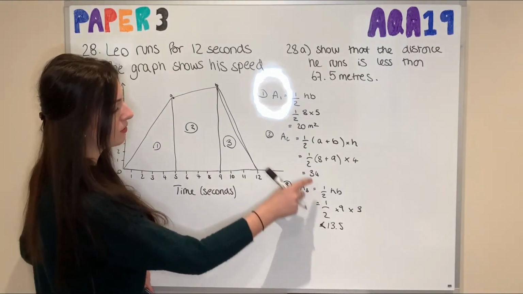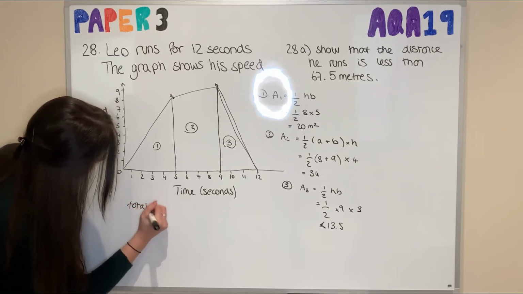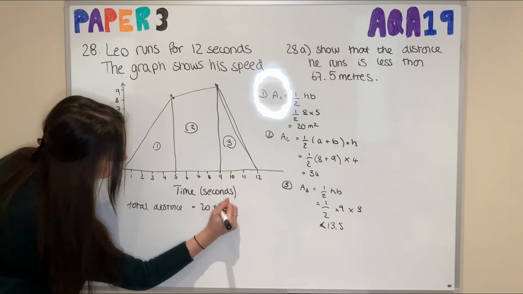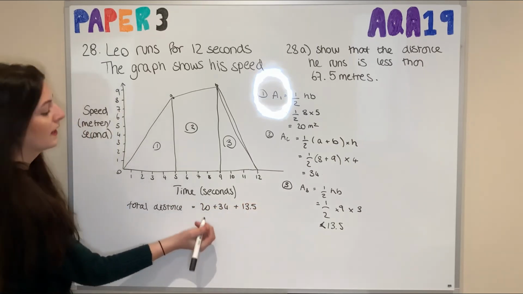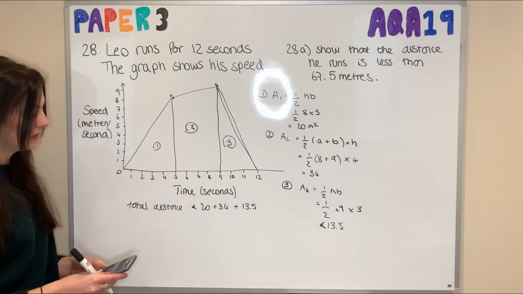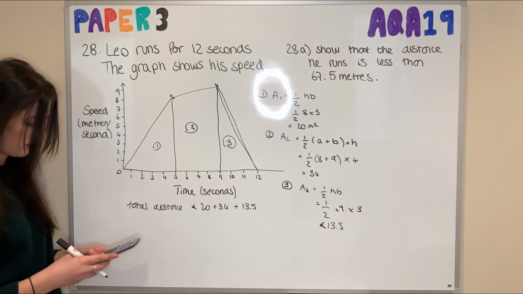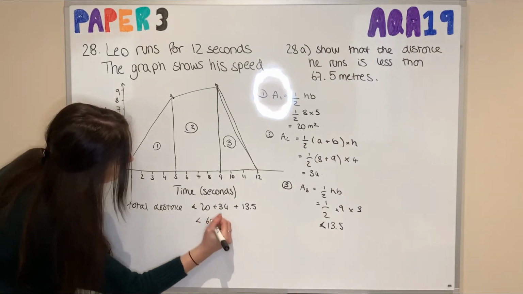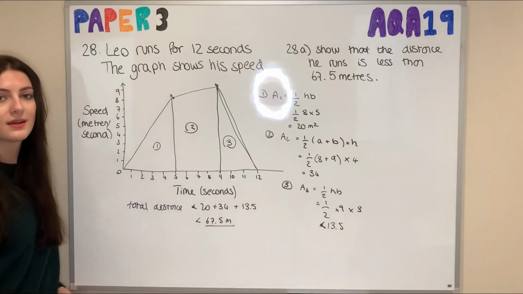So then we add all these together. The total distance is 20 plus 34 plus 13.5. However, the total distance will be smaller because we're overestimating the area of the triangle. So 20 plus 34 plus 13.5 gives us less than 67.5 meters. So that answers our question 28.